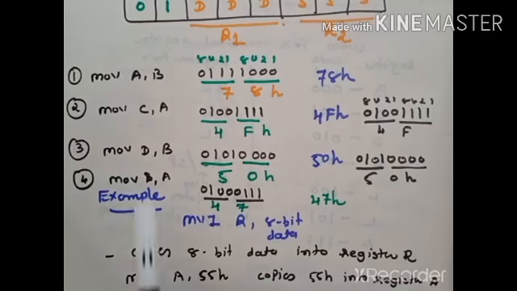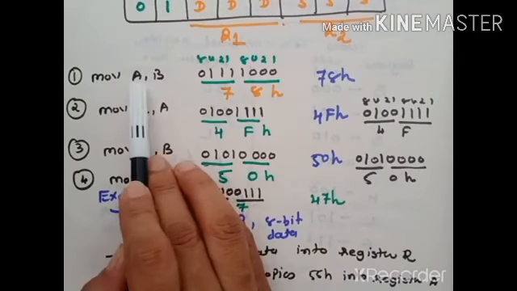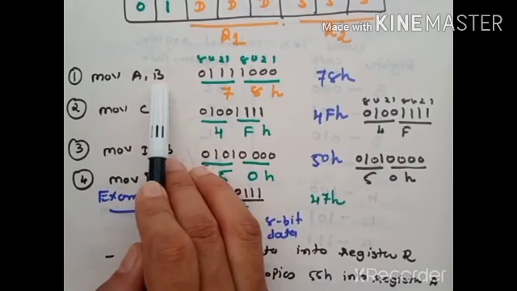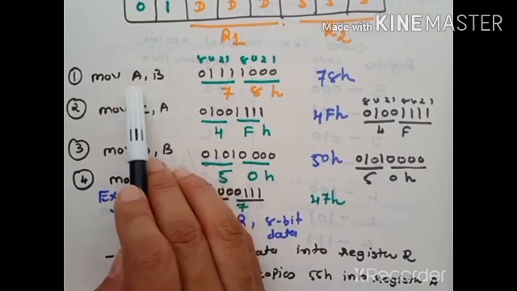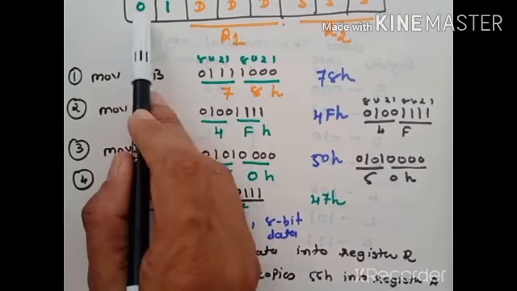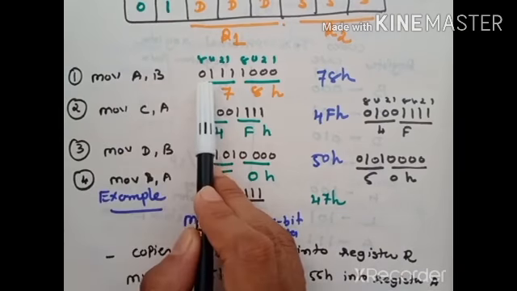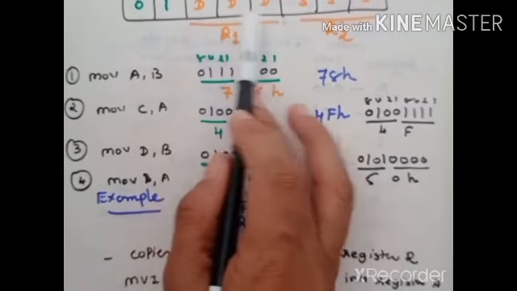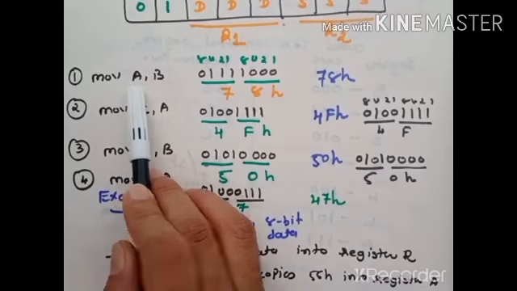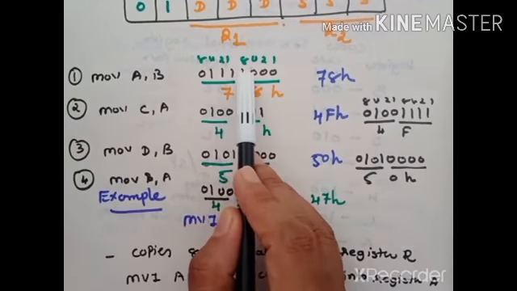Then an example like MOV A,B. In this, B register is the source register and A register is the destination register. First, 01 is fixed. Then, as the destination register, A is used, and the equivalent code for A is 111.